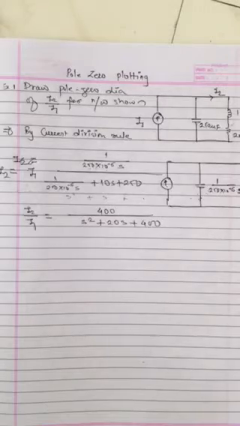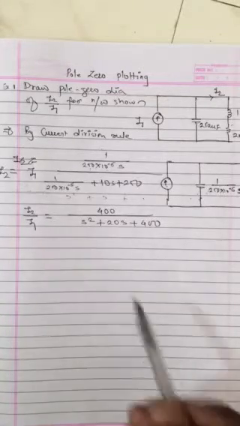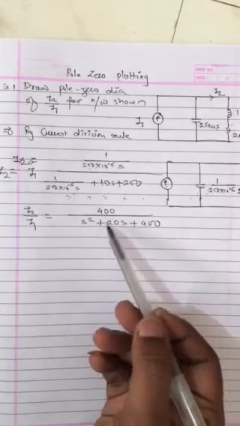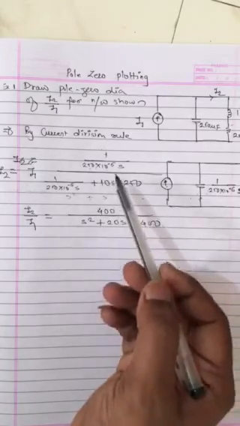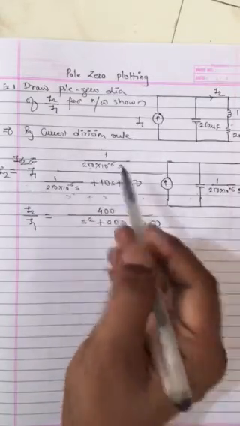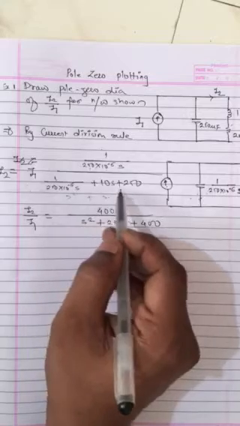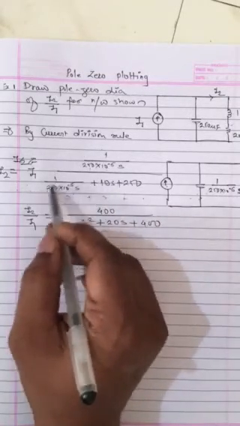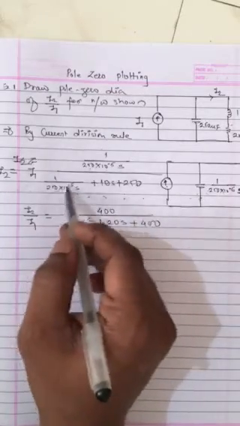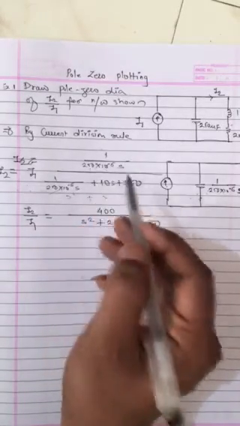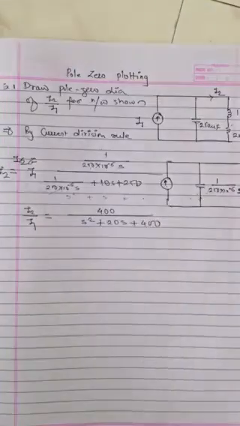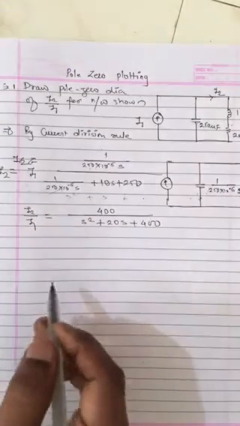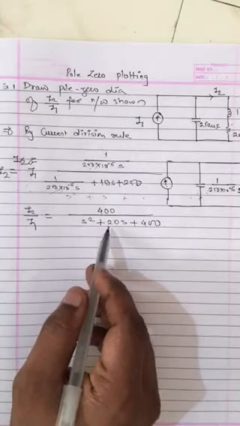You have to rearrange in this form, it is compulsory. Otherwise, you can simply equate the denominators: multiply 10S by this term and 250 by this term, then this term and this term get cancelled out, and you directly get the answer I have written down.